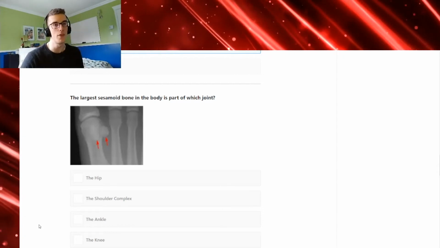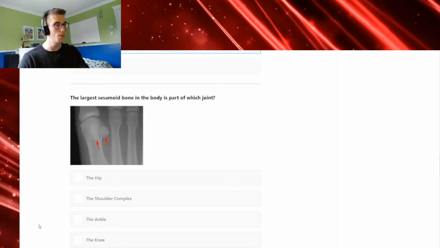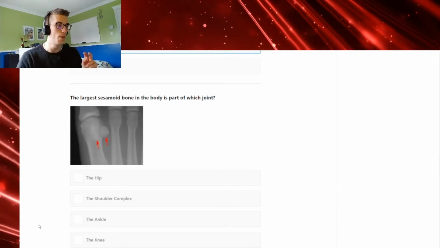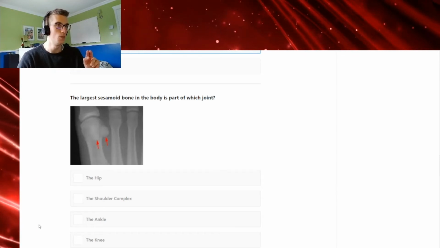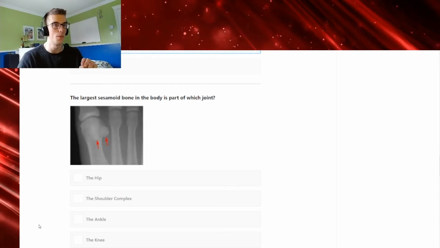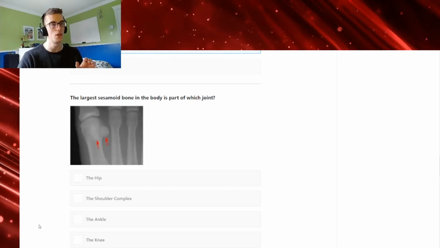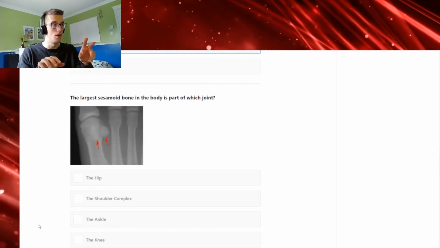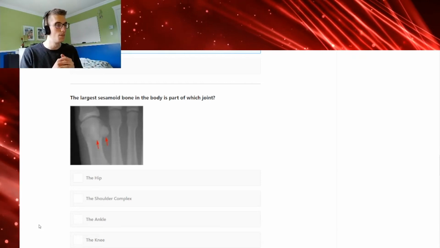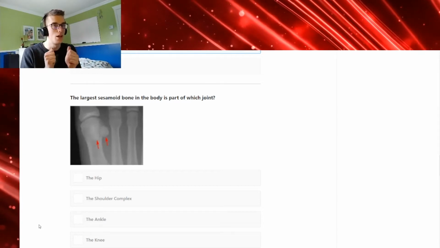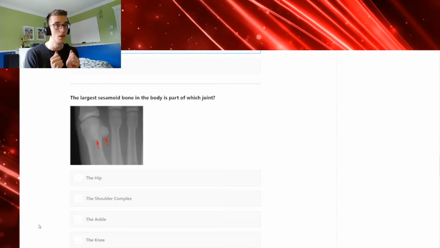It's like a floating bone. For example, as you can see in the picture, there are 2 bones on the big toe that are not directly connected to the other bones surrounding them. So there's connective tissue pushing the two balls, if I can say it that way, on the toe, but they're not really connected.